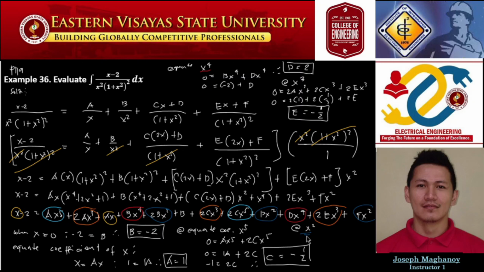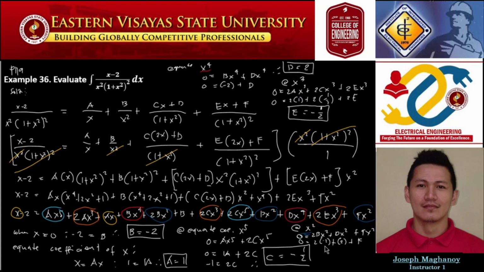Okay, so on the other side, you have 0. Then this one, 2bx, then dx squared, and plus fx squared. So substitute the value. You already have a value for your b. b is negative 2 plus your d. What is our d? 2 plus f.